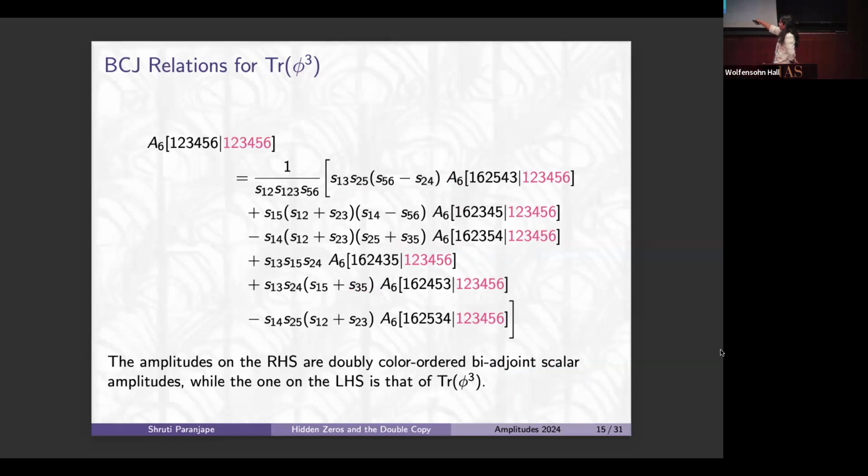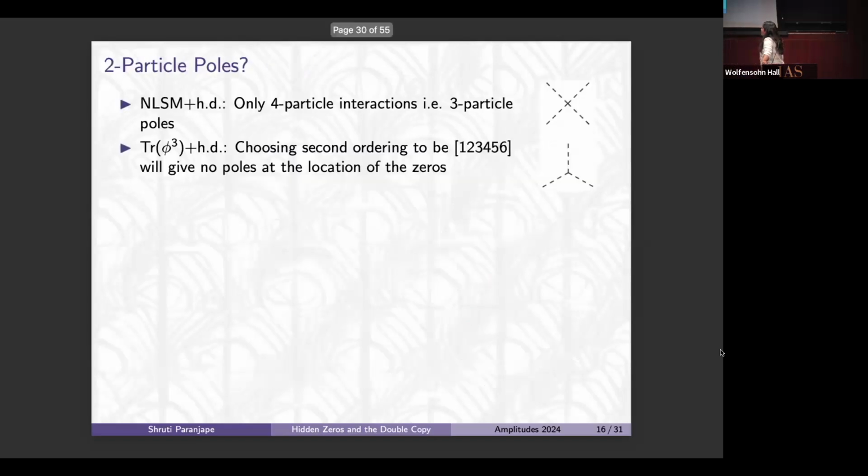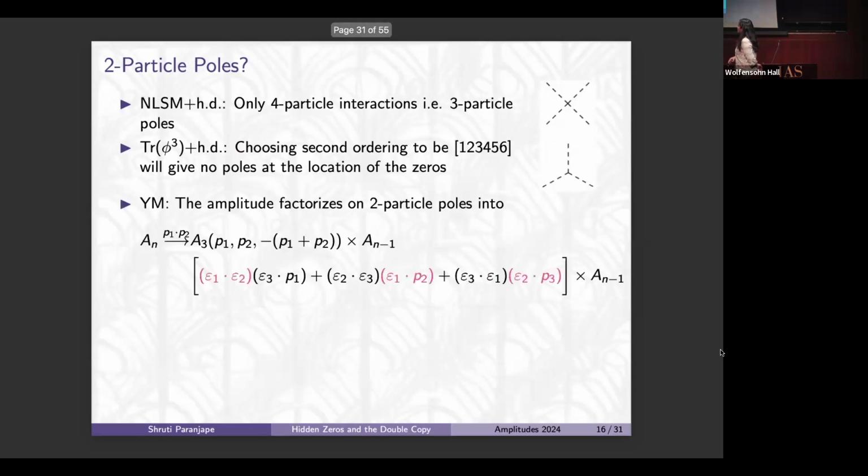These guys don't have 2 particle poles, which means this amplitude over here inherits all of these hidden zeros because it satisfies the BCJ relation. Okay, so all the things that satisfy the BCJ relations, as long as you evade 2 particle poles, have to have these zeros. So NLSM, only 4 particle interactions. Trace phi cubed we just discussed.